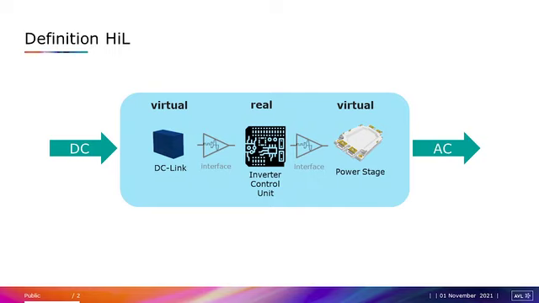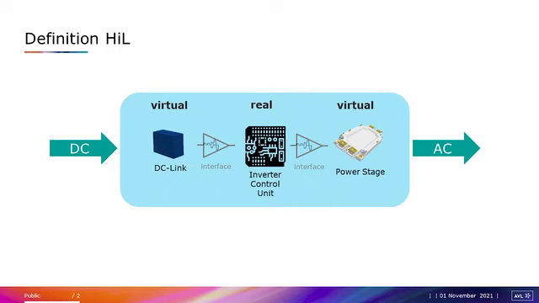Generally speaking, we can abstract an inverter as some sort of DC link device, some sort of power stage, and in between there's a control unit. Let's call it control unit. And everything is connected through various interfaces. And what we do with it is we have DC coming in on the one side and AC leaving the inverter on the other side.